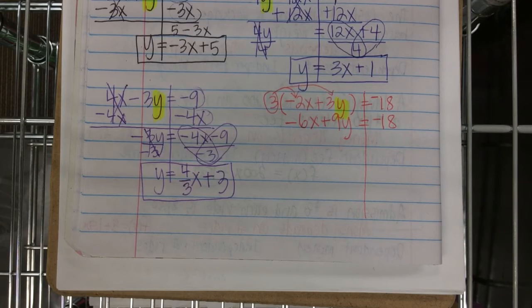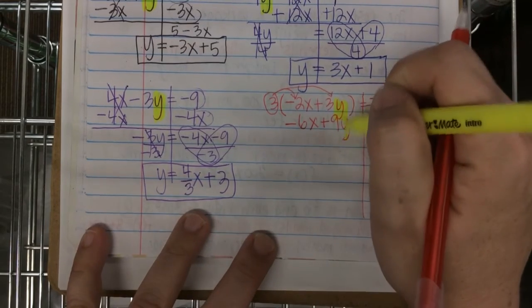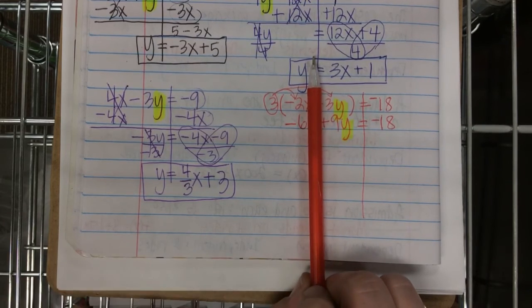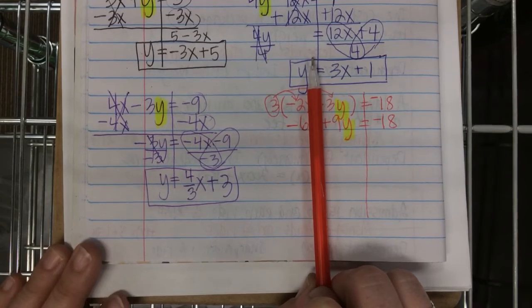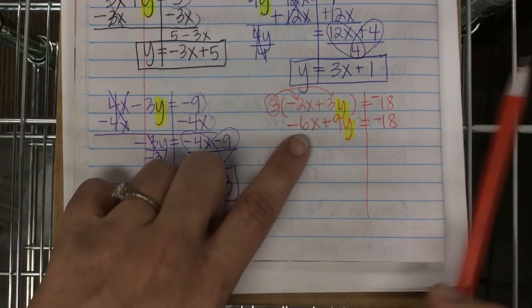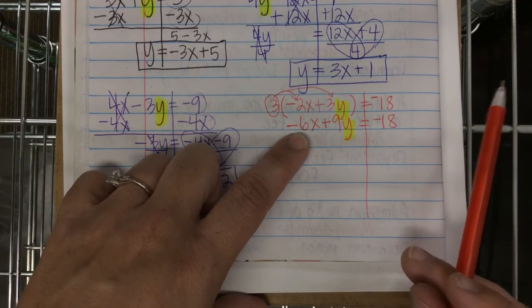All right, I'm going to highlight y again. I want y to be by itself. So if I pretend that x isn't there, if it's negative 6 plus 9y equals negative 18, which one do I move first? Negative 6x.